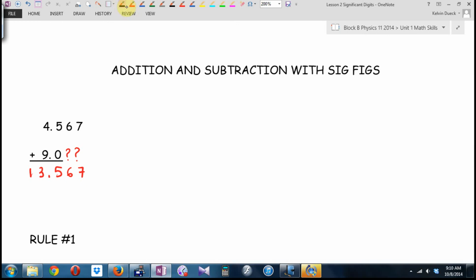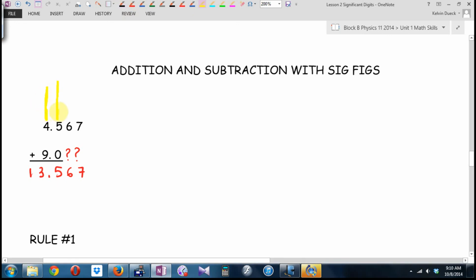The rule for adding and subtracting has nothing to do with how many sig figs your original data have. By the way, how many sig figs does that top number have? 4. How many sig figs does that middle number have? 2. 9.0. 2. Okay? That has nothing to do with how many sig figs I'm going to go to. Spencer, you'll notice I know everything in this column.